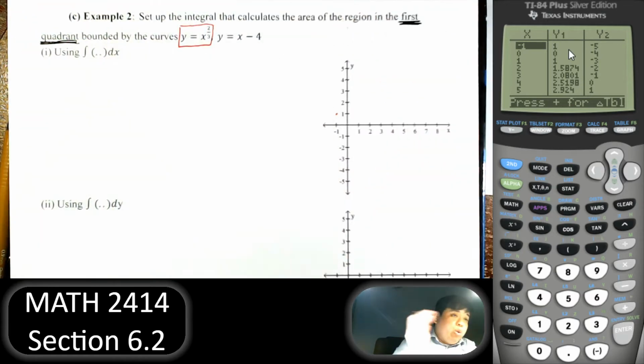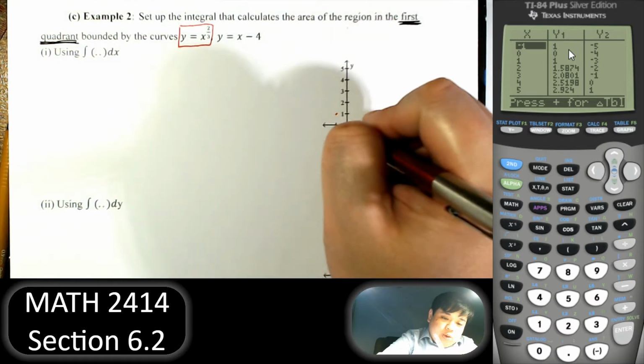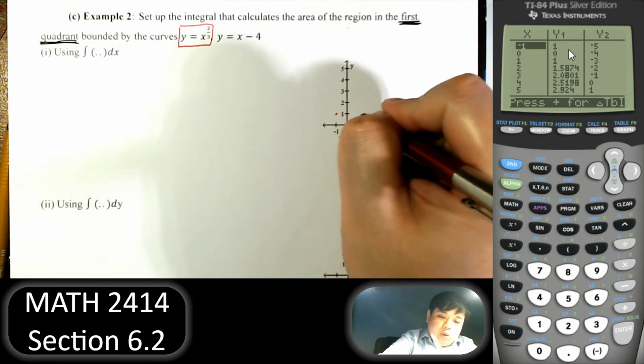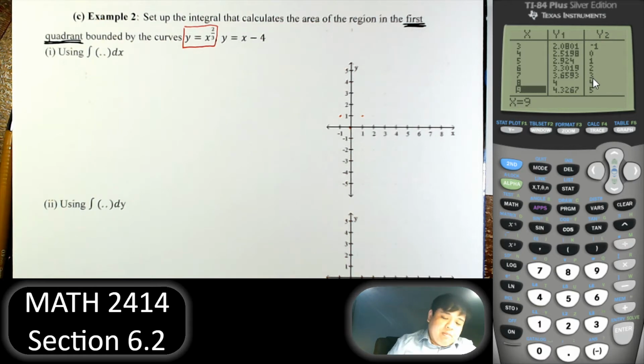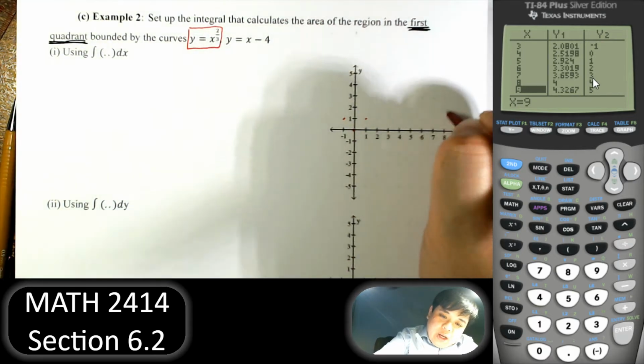The last example we threw away the first quadrant, but this one we need to keep it. Right. X equal to 0, y equal to 0, x equal to 1, y equal to 1, and is there any other nice values? Nope. Oh yeah. When x equal to 8, y equal to 4, and also there is an intersection because the y values are the same. X equal to 8, y equal to 4.